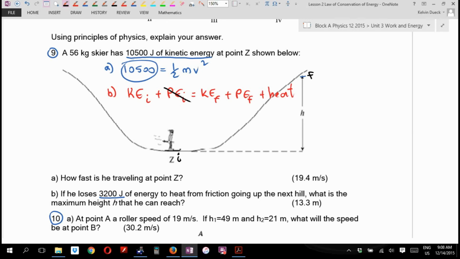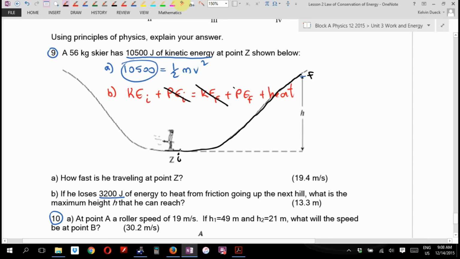Any else? KE final? Oh, at the top, if we're asking how high can they go, what we're really saying is they're coasting, they're slowing down, they're slowing down. How fast are they going right there when they get to the top for a split second? 0. That's why it's maximum height. Oh, no, don't cross that one out. Sorry, that one.